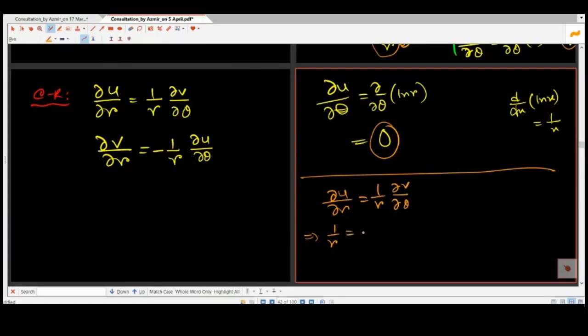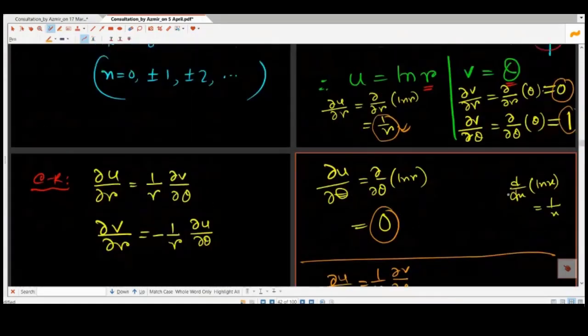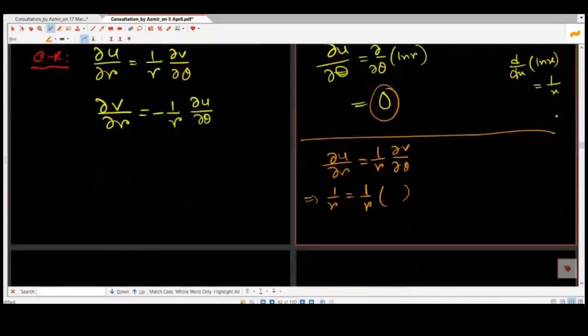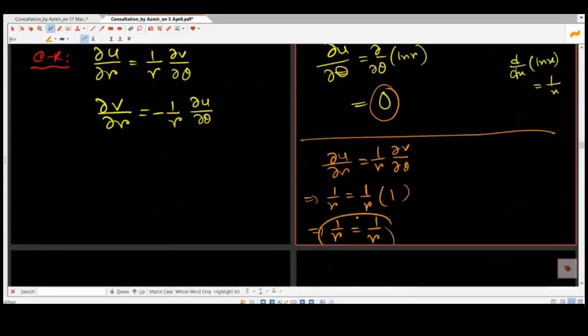Since dv d theta is 1, we have 1 over r equals 1 over r. That means the first equation is satisfied since these two values are the same.